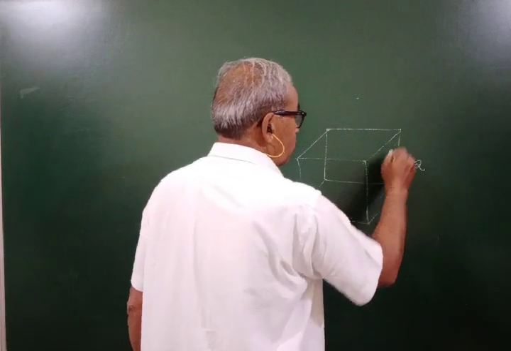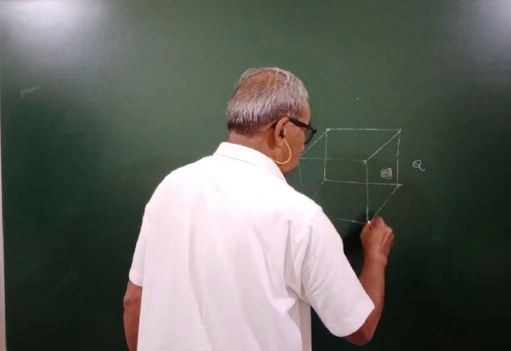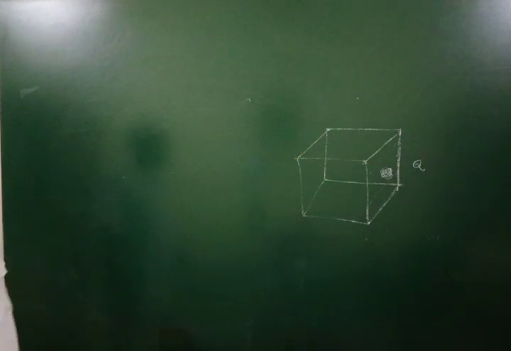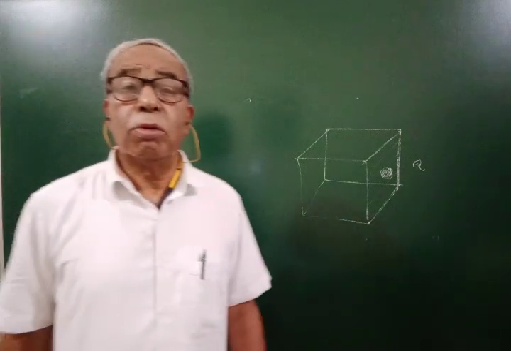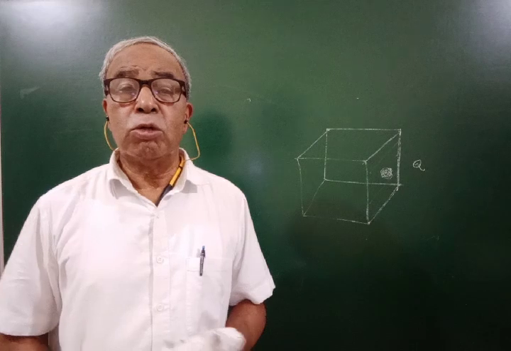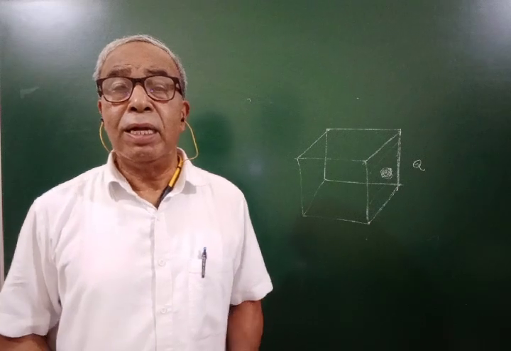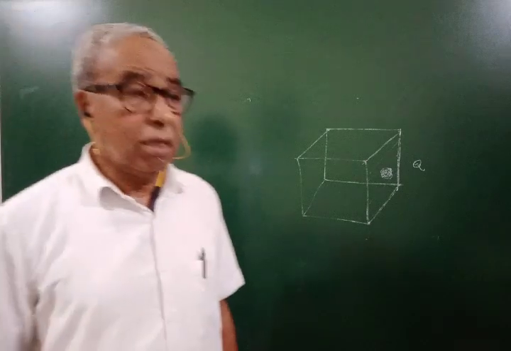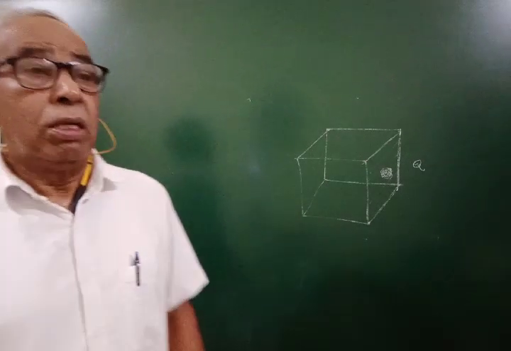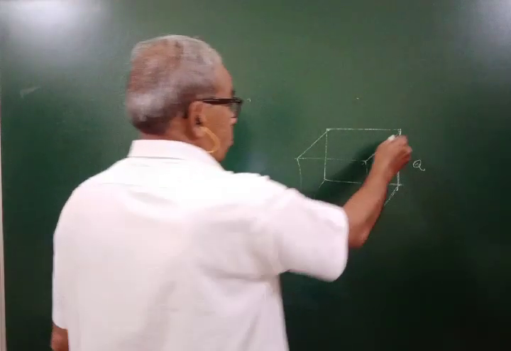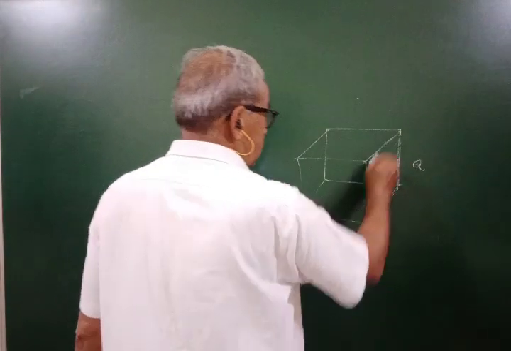The charge Q is placed on the surface of the cube. How much is the electric flux through the cube? So Gauss theorem states that total electric flux through a closed surface is equal to total charge inside divided by epsilon 0. I was stressing while telling Gauss theorem: the closed surface which includes volume. So here the volume is in this, not in this surface only.